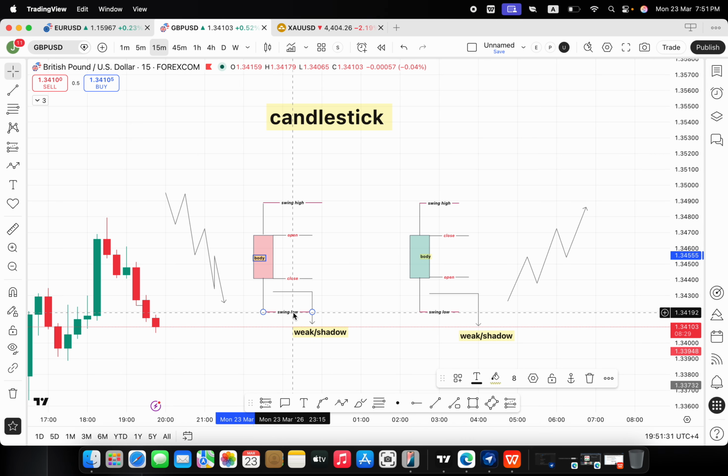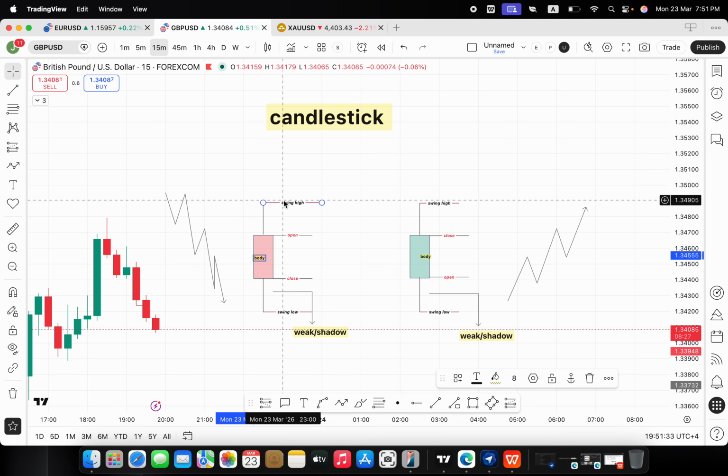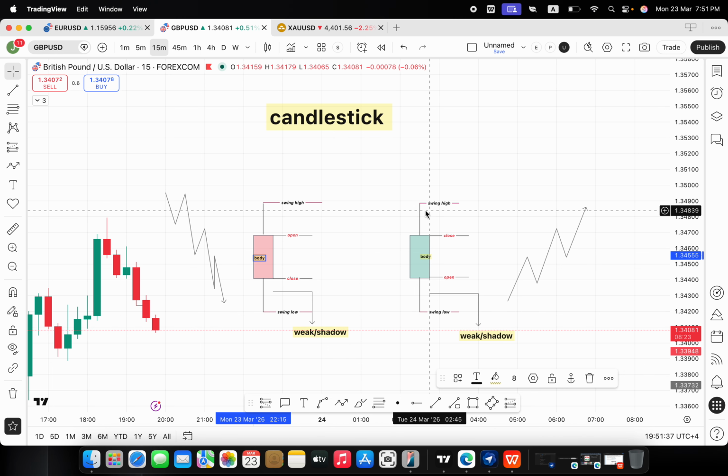Then again, know that the swing low and swing high are always the same, be it a bearish or a bullish candlestick. So this is the shadow and this is the tip. The tips of these candlesticks are what we call the swing highs and swing lows.